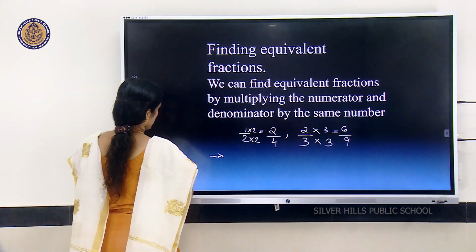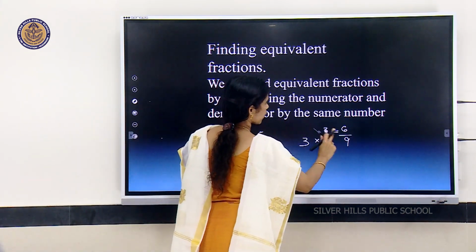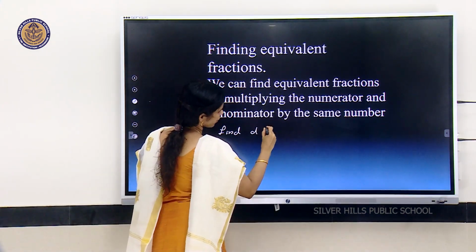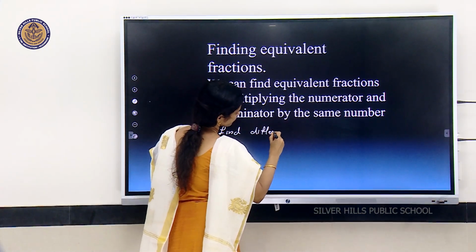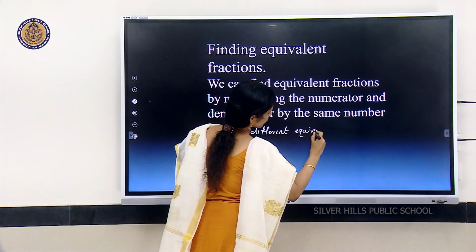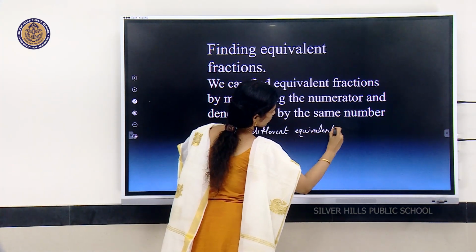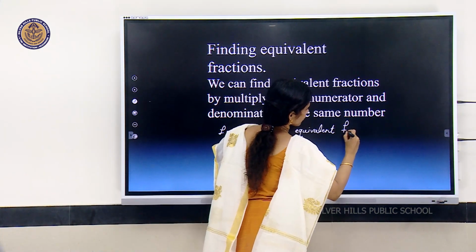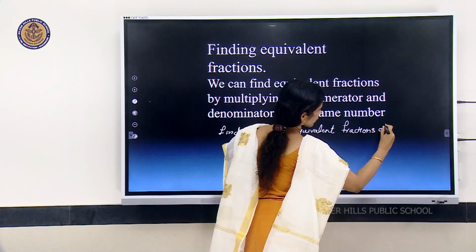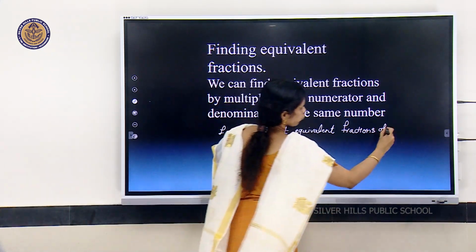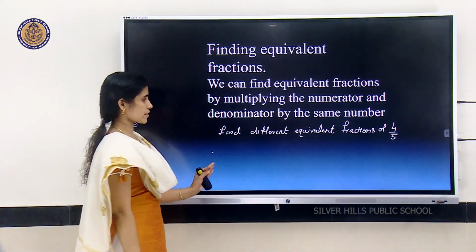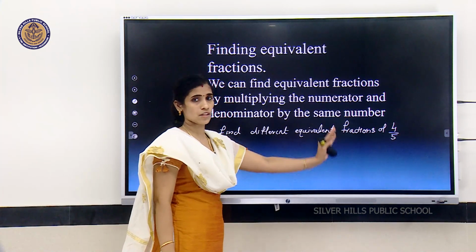So let's discuss one more example. Find different equivalent fractions of 4 by 5.